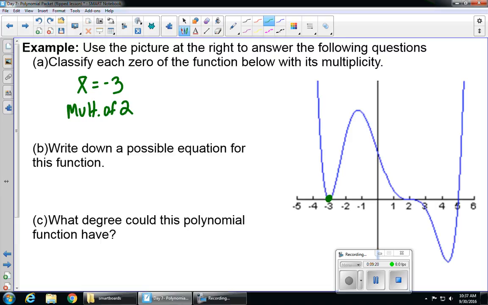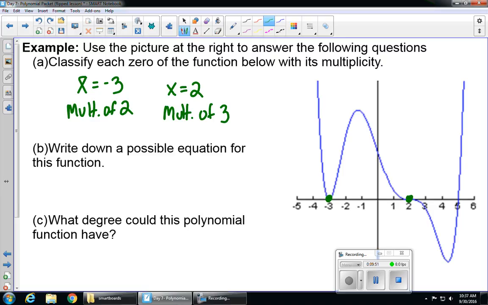And now if we look at the next place it crosses the x-axis, or touches the x-axis, our next root, or 0, is x equals 2. And this one crosses through the x-axis, but it's a little bit flat. So it squiggles through, so that's going to be our multiplicity of 3, just like it matches the picture on the front in that chart that we filled out.